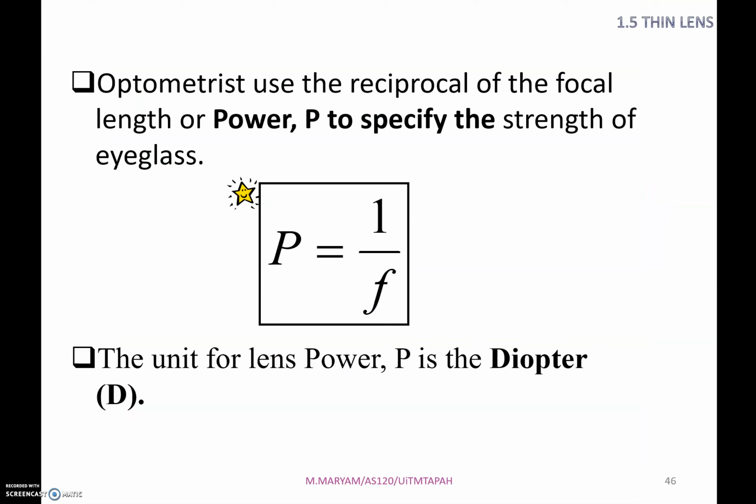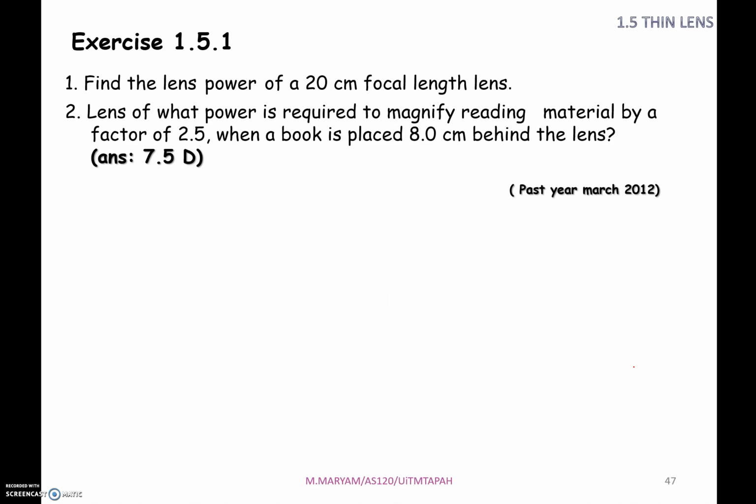So usually optometrists use the reciprocal of the focal length to find the power of the lenses. And the unit for power is diopter, or you can write it as D. I'll give you an example. Find the lens power of a 20 centimeter focal length lens. So focal length is the f, and they want you to find the power, P. So P is equal to 1 over f.